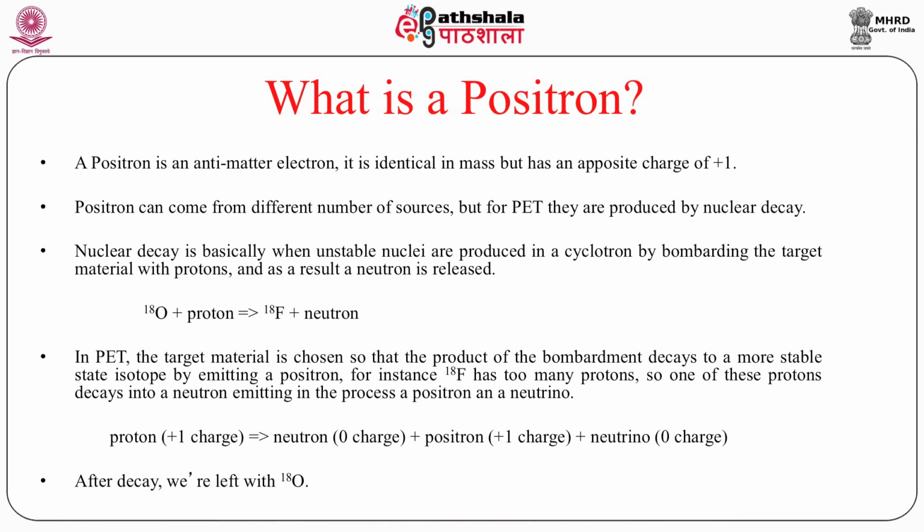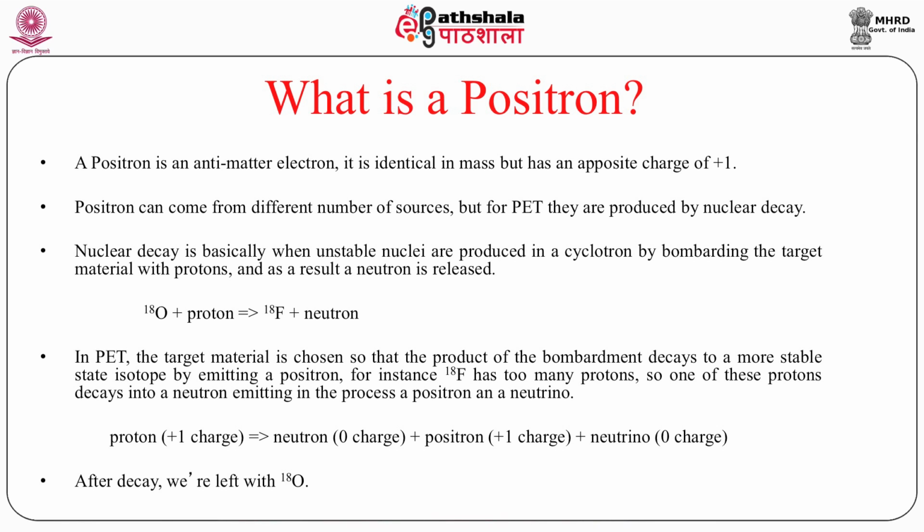For instance, F18 has too many protons, so one of these protons decays into a neutron, emitting a positron and a neutrino. When O18 water is hit with protons we get F18, a positron emitter, and a neutron is emitted during this reaction.